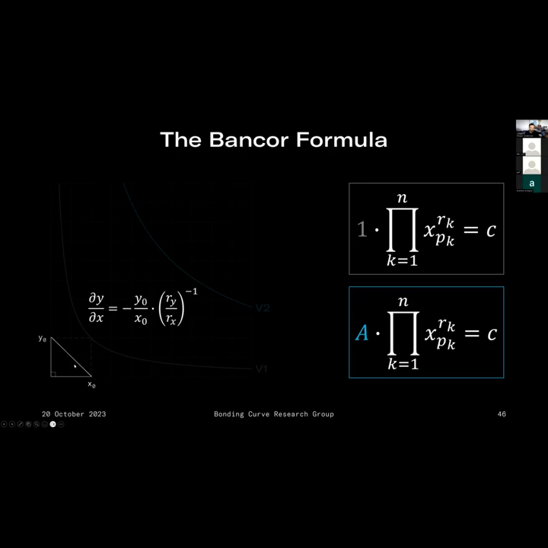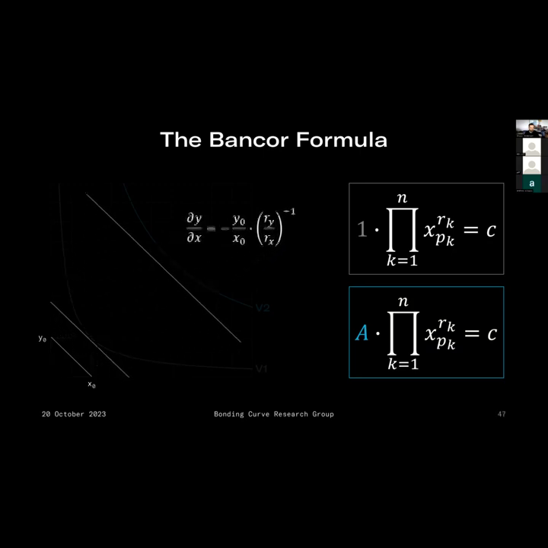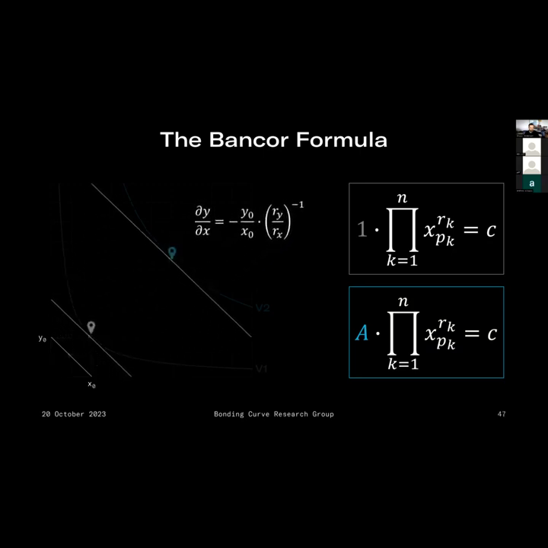And so in this particular case, let's just say that this is a 50-50 pool, because it doesn't matter too much, but it's familiar enough that we can work with it. This means that there's a point on the V1 curve and on the V2 curve that have that same derivative, that have that same slope. And so we're just going to mark those out, okay?